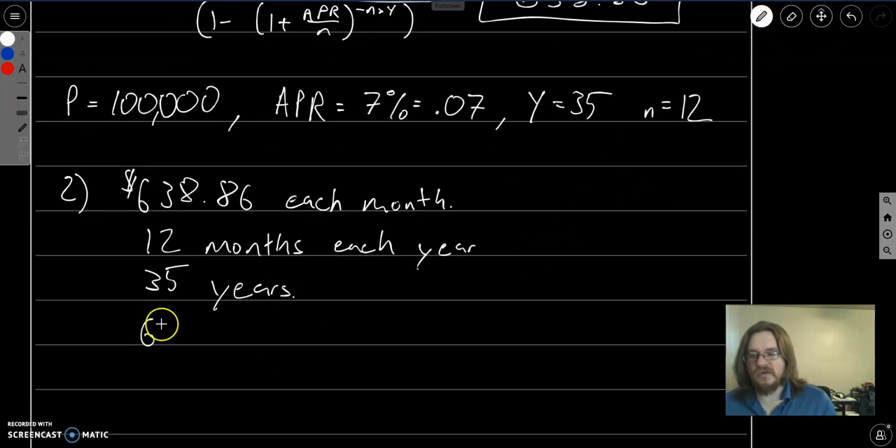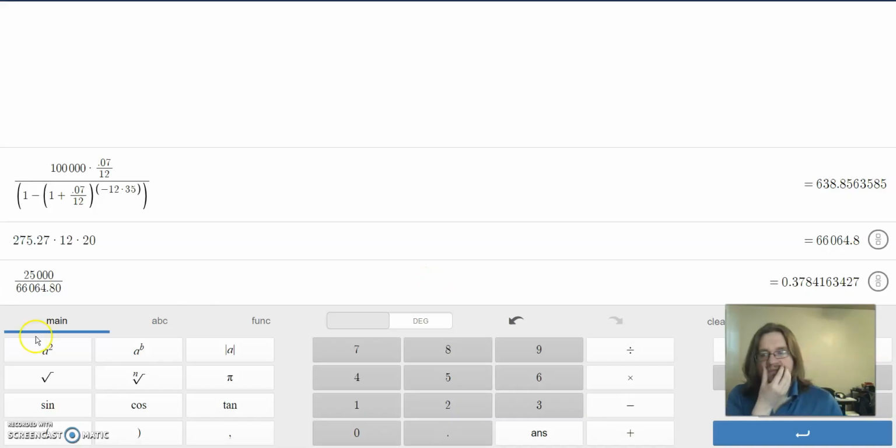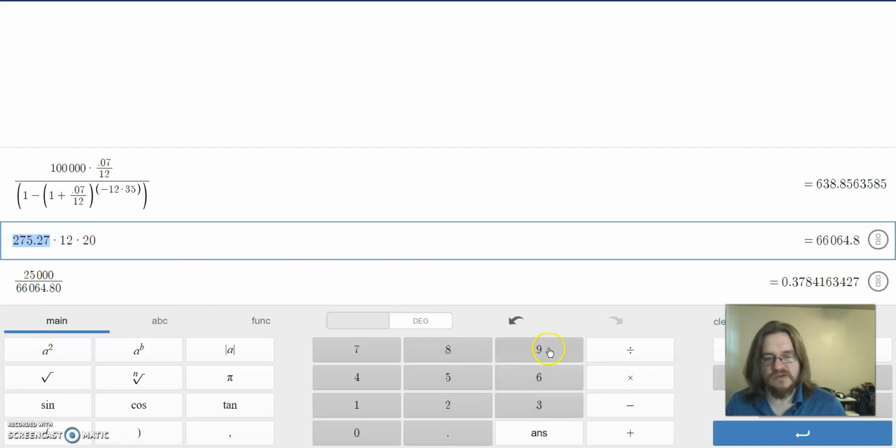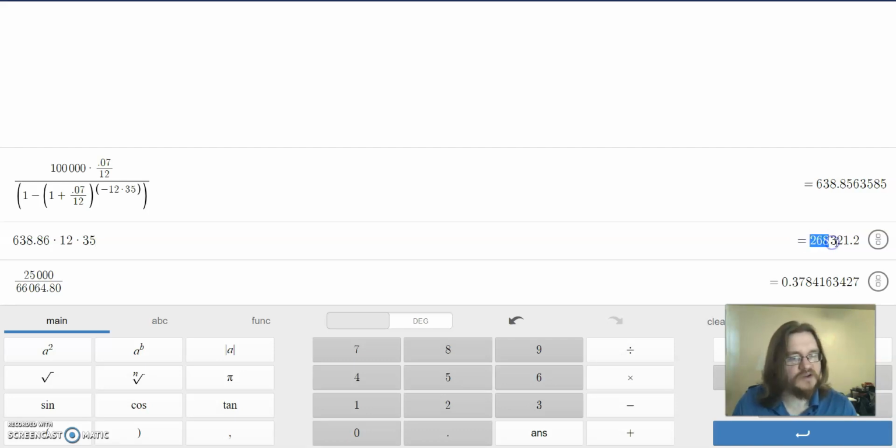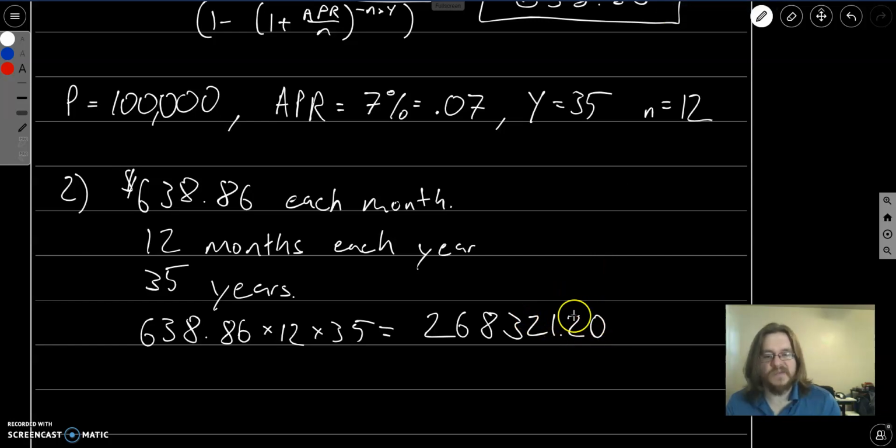So we're making this payment 12 times a year for 35 years, and we're actually going to be paying back $268,321.20.